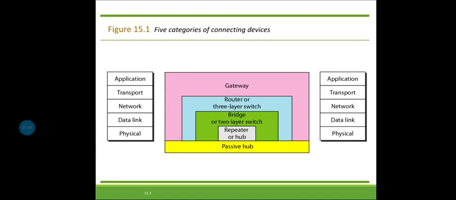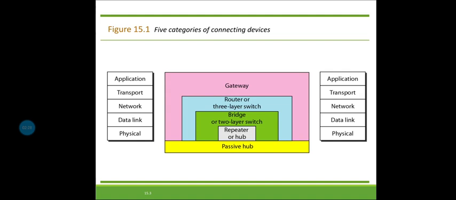Coming to the next layer, those devices which operate at the physical and data link layers, we call a bridge, or it is also called a 2-layer switch. Then, moving on to the next device, those which operate at the physical, data link and network layers, we call a router, or a 3-layer switch.